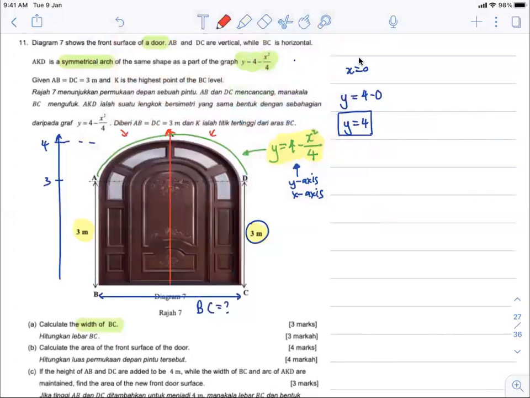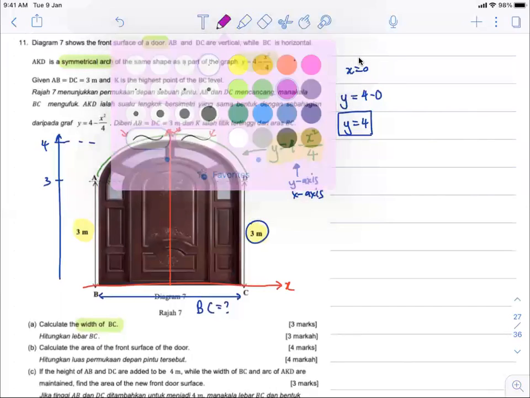So now we have added in our y-axis, and how about our x-axis? Our x-axis would be at the bottom of the door. Why is it so? Because the position of the x-axis has to be 0 here.